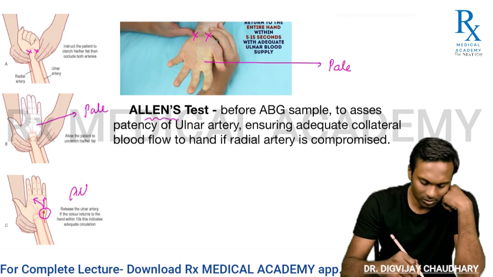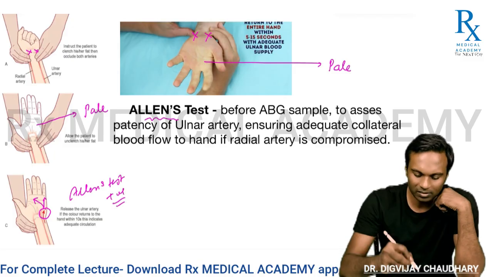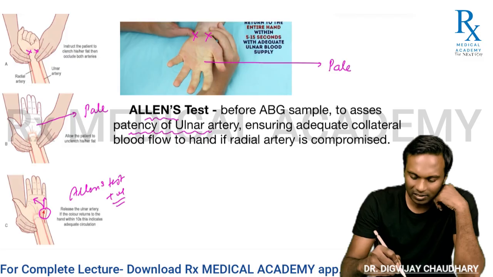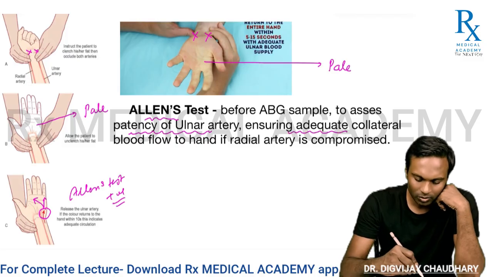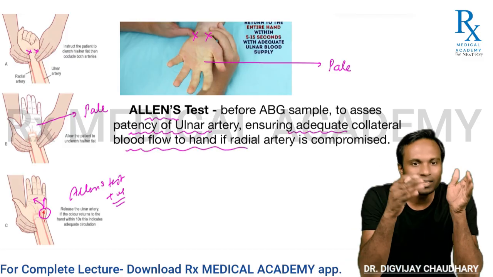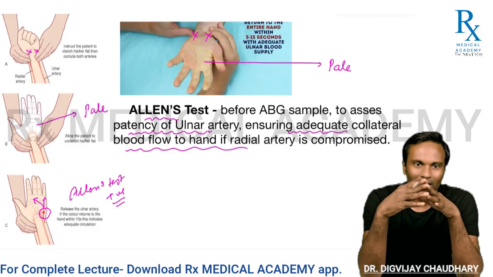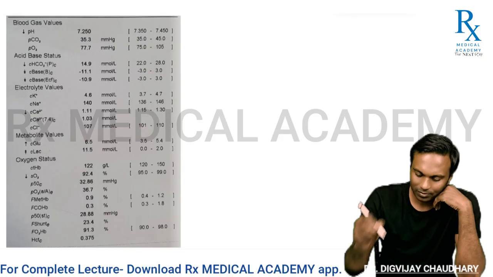This is Allen's test positive. If Allen's test is positive, it means patency of the ulnar artery is established and there are adequate collaterals which will take blood to the radial side as well in case the radial artery gets compromised. I hope you guys got the point.